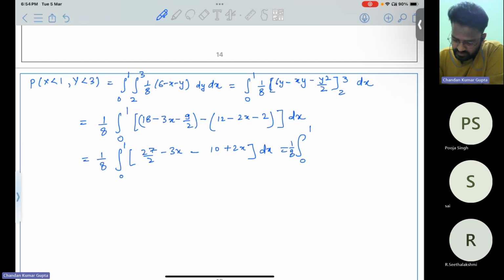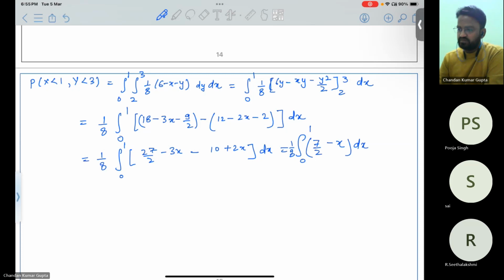And then it is equal to 7 by 2 minus x. Is it okay up to this point? 27 minus 10, that is 7 by 2 minus x. I think it is fine now.